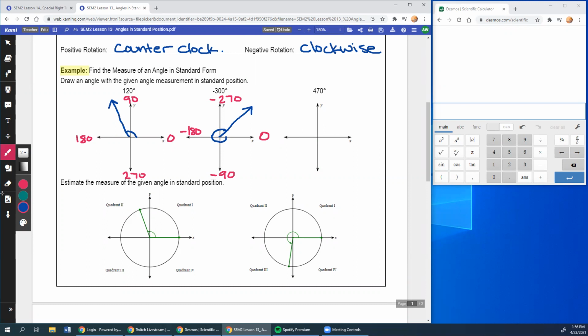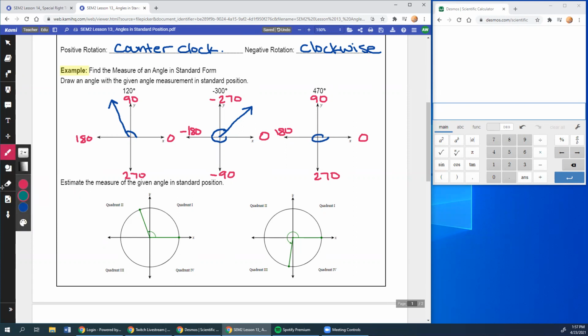And then finally, 470. This one is bigger than 360. So yes, you can have multiple rotations going around. Since it's positive, we have 0, 90, 180, 270. One full rotation is 360. Now we need to know how much is left.